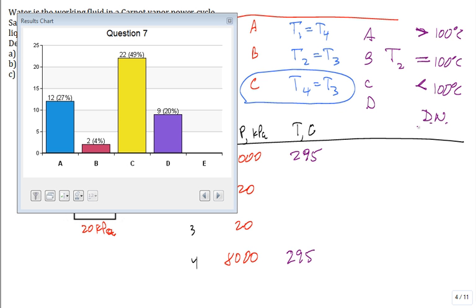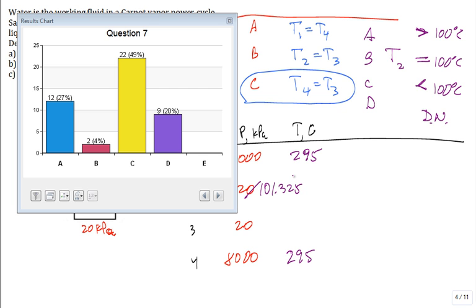Let me ask you this. If this pressure was 100 kilopascal, or 101.325 kilopascal, what would be the temperature at 2 or 3?